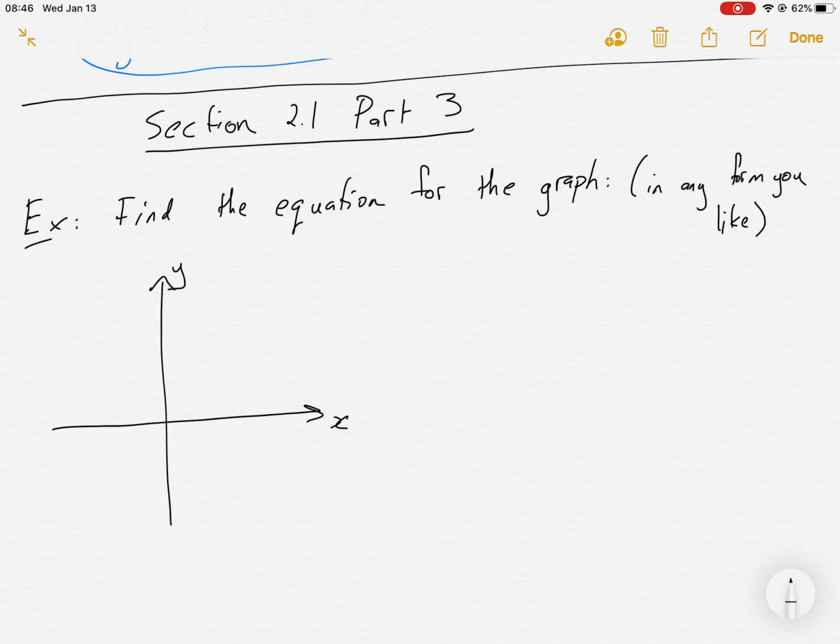Okay, so let's say my graph looks something like this. Let's go with 4 like that, and then we'll go over here. Actually, let's do this.